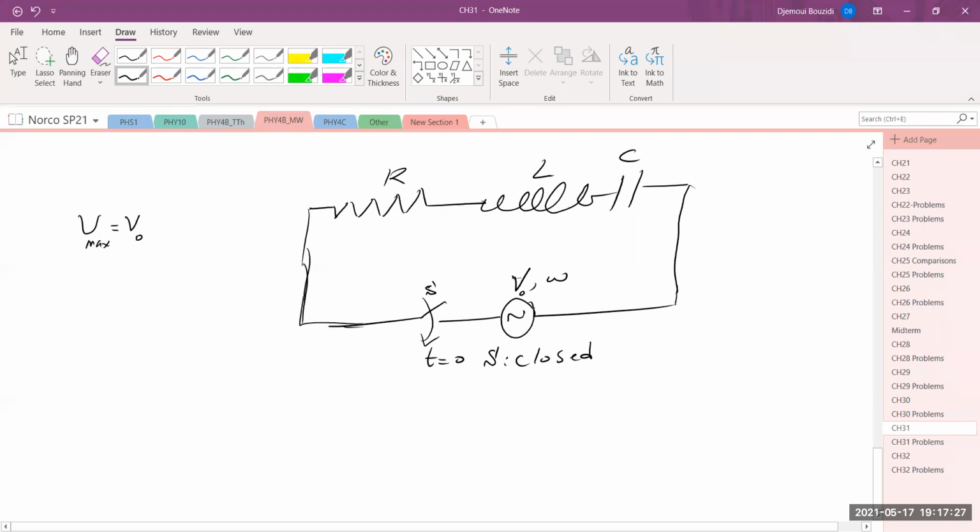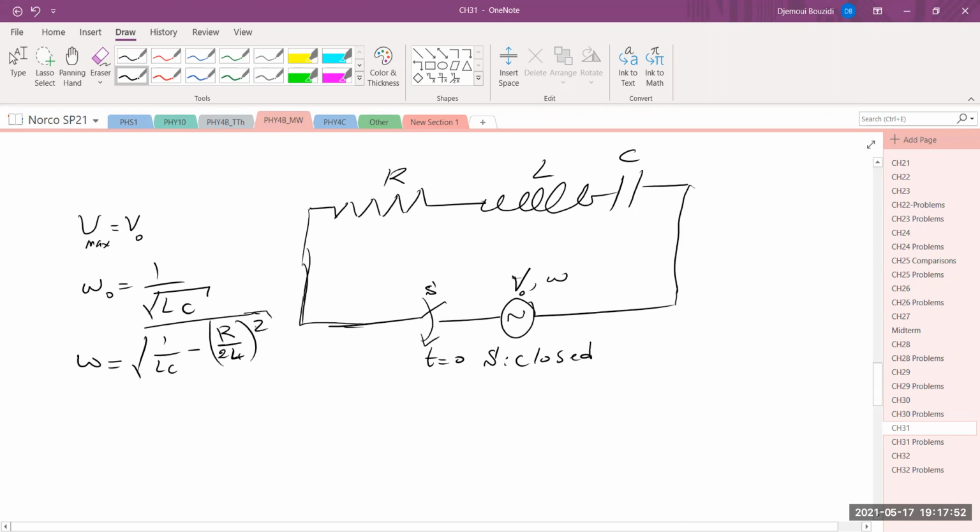I cannot call this omega as omega naught because there is an omega naught in the circuit, and you will see that omega naught is 1 over square root of LC. So that is what we're going to call omega naught. We're also going to have an omega in the circuit, and that omega is going to be the square root of 1 over LC minus (R over 2L) squared.